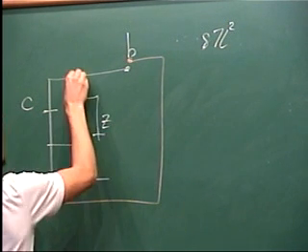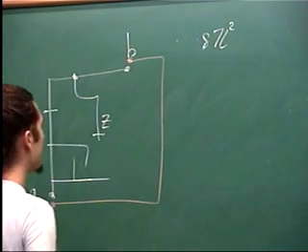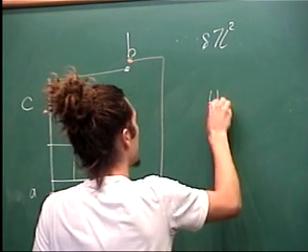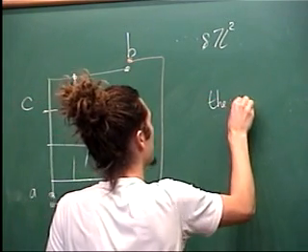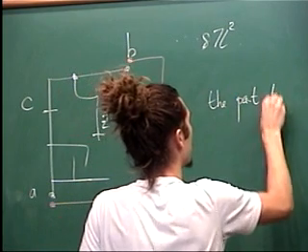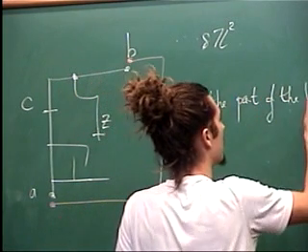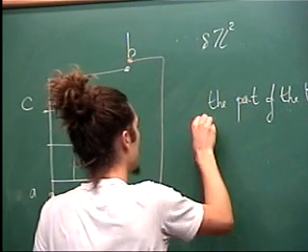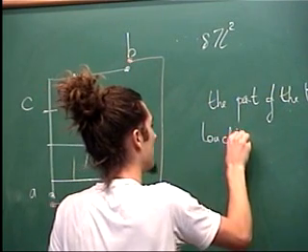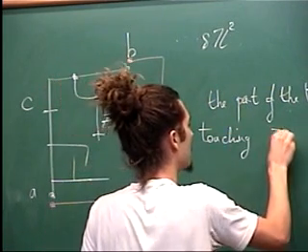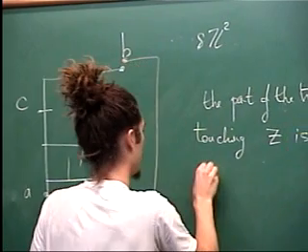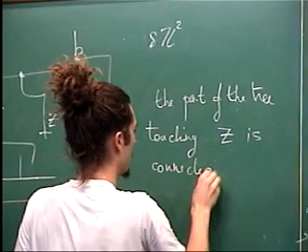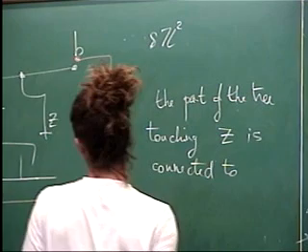And the event you are asking is that the part of the tree touching Z is connected to CB.